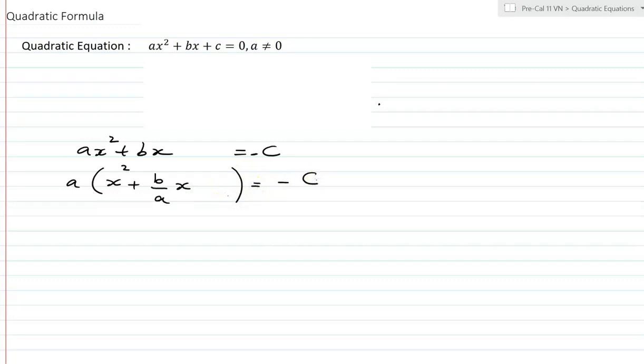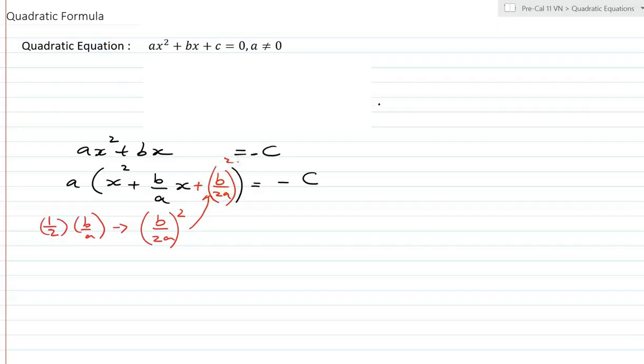And now, what should we do? We take half of b over a, whatever that is, and then we square that. So it becomes b over 2a, and we square that and put that in there. So that becomes plus b over 2a squared.